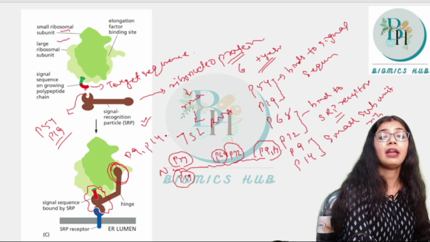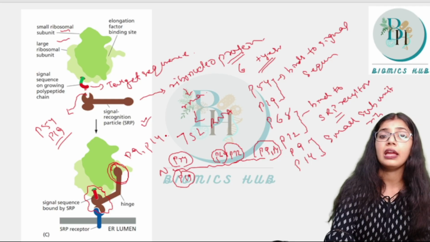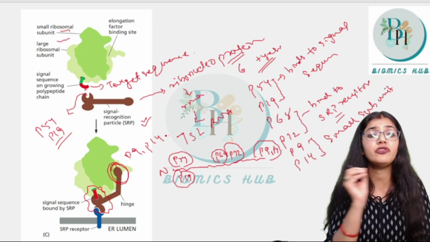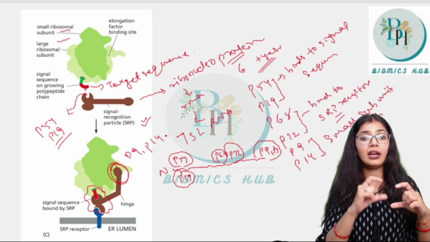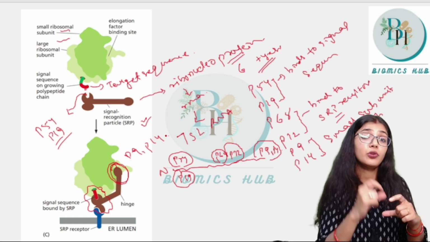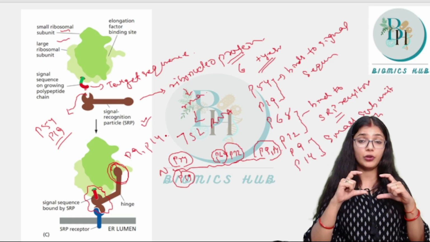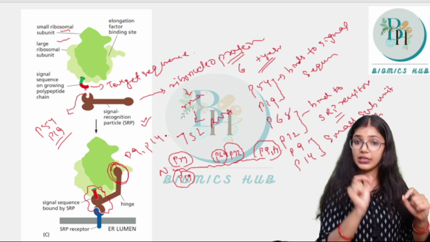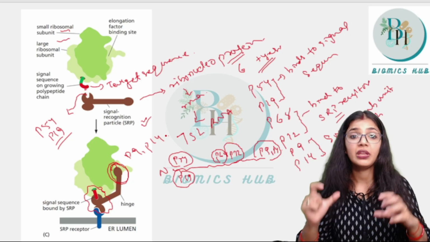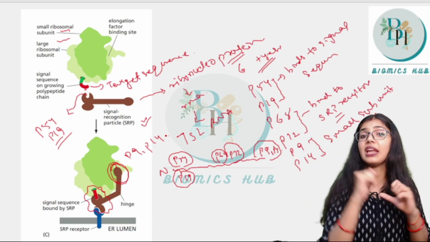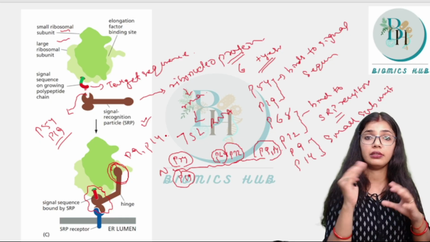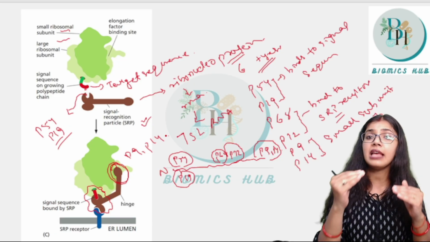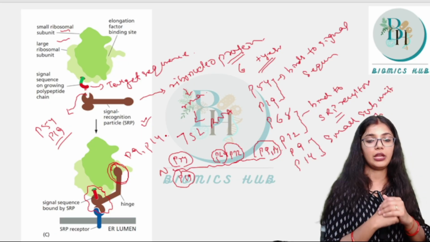These bind to the small subunit of the ribosome. When P9 and P14 bind to the small subunit of the ribosome, it helps in blocking the translation. This is the first step where the translation, or protein formation, has started. After the protein has formed, it forms a target sequence. Then the target sequence is recognized by the SRP, which binds the signal sequence as well as the ribosome, and here the protein synthesis is blocked until it has reached near the endoplasmic reticulum.